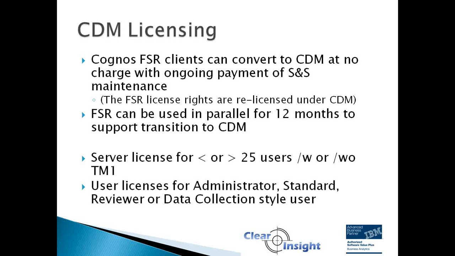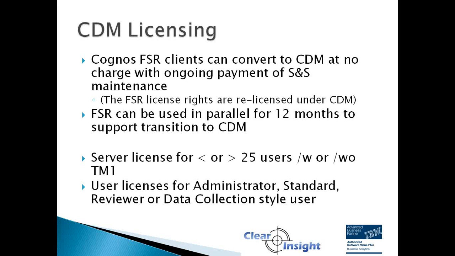So you cannot move into CDM with the unlimited licensing that some may have had under FSR. There are other little things to consider, but at the end of the day, it is a free transition from FSR to CDM, and we're happy to work that out with you.